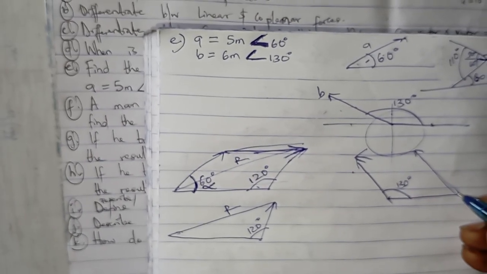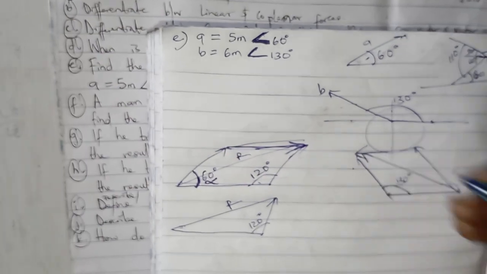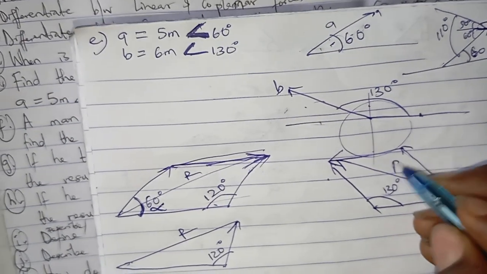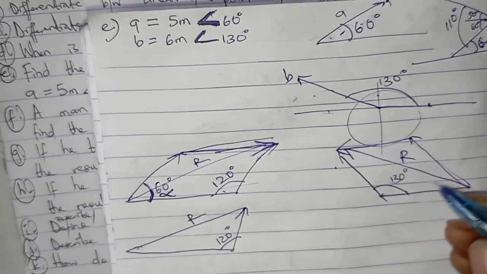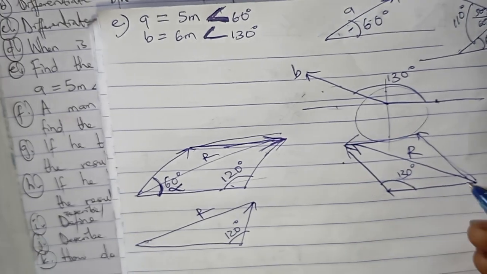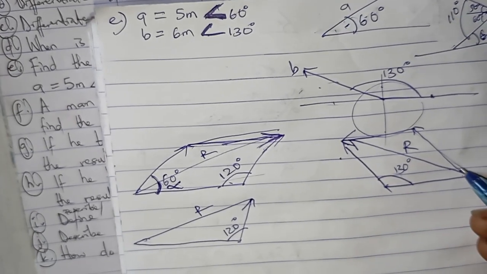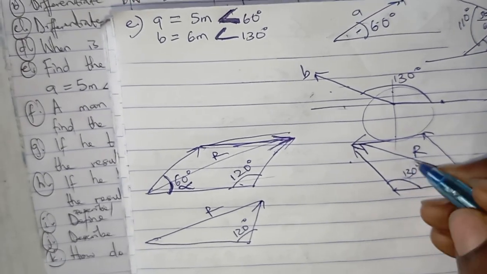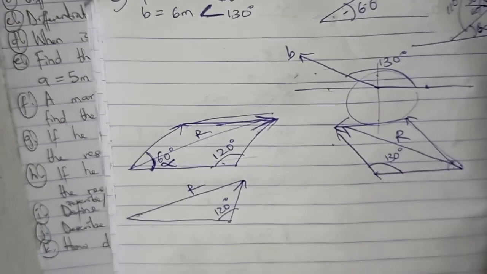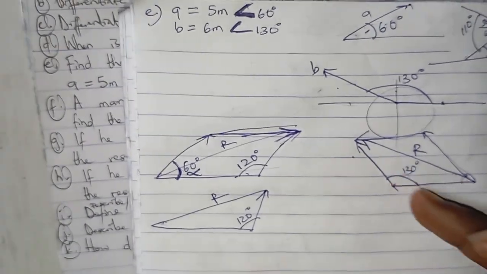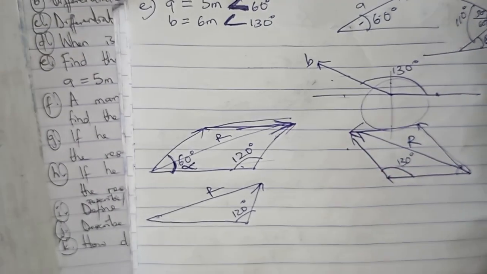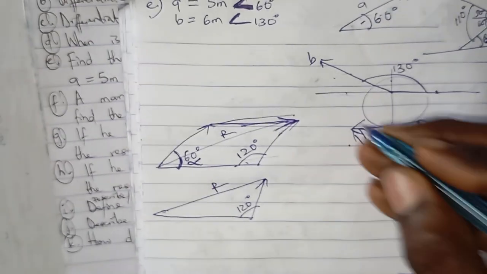So notice that this should go to this to form a diagonal. This becomes my R. So I don't need to do 130 minus. Angles on a straight line is 180, yes. But notice that I don't have to do it because this is facing the diagonal. So it's normal that the part that occupies more of the side takes the diagonal. So I'll just use this part.